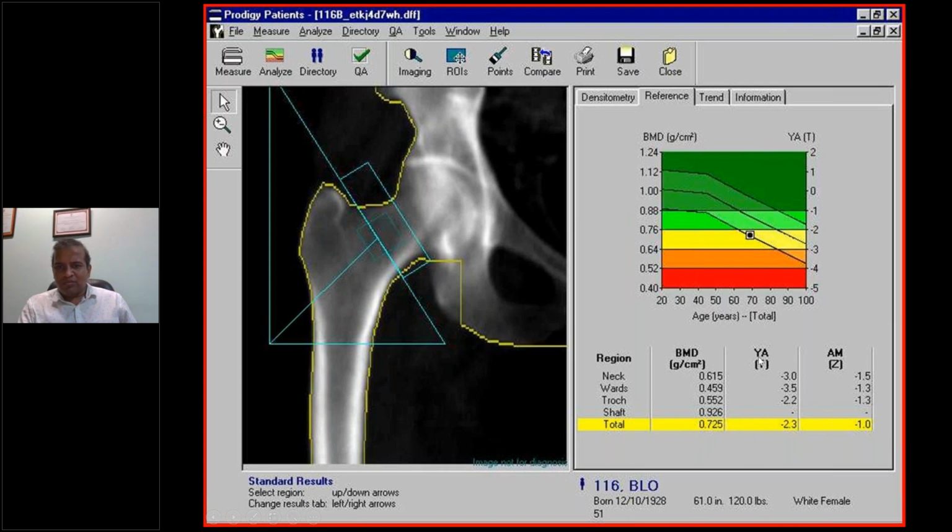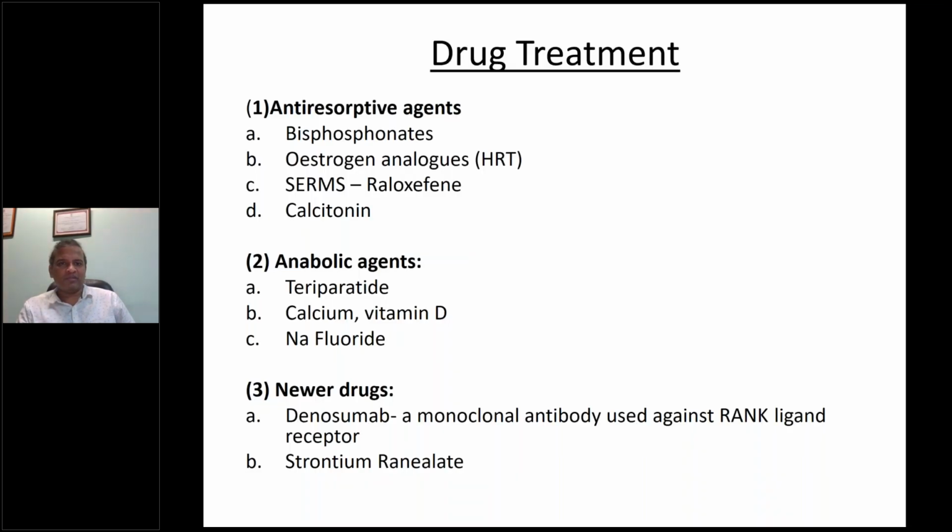This way the report comes, and this is the BMD, and this is the age. Suppose a 60-year-old and then a 70-year-old, the point is somewhere here, which is below minus 2. This is not in a florid grade, this is in the risk group. Below minus 2.5, osteoporosis diagnosis is established.